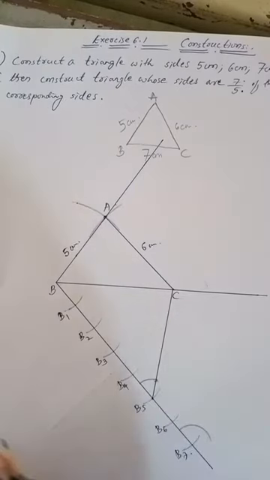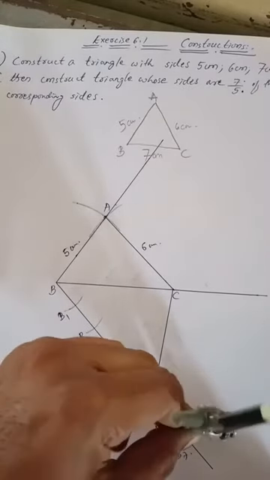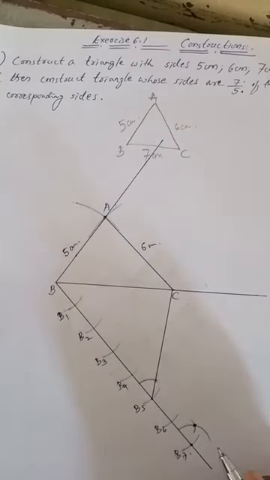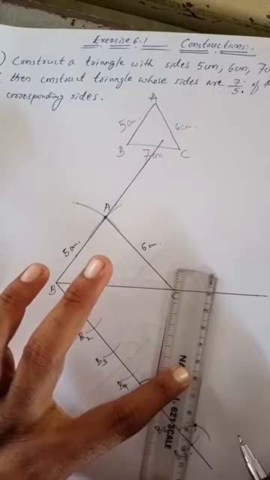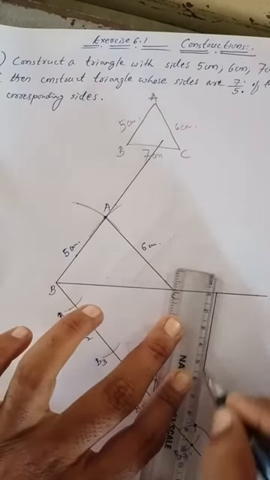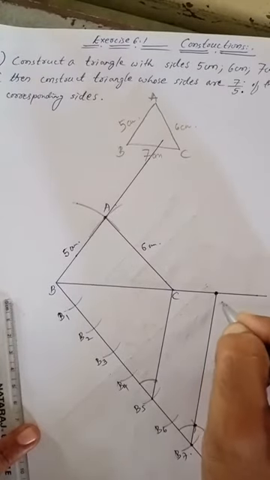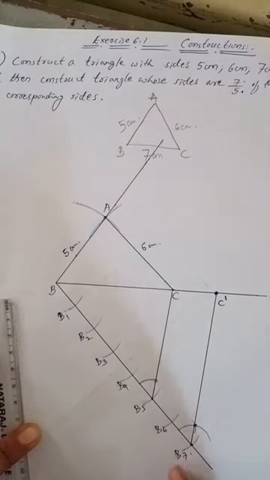Then on the front side of this arc I'll keep it and cut. After that I'll get a point here. You can notice this point and the B7 point. I will join them till I get this end. So this is my line. Now I can label it as C dash. So one side of the new triangle I got, that is C dash B7.